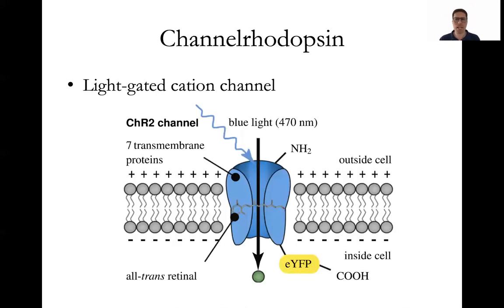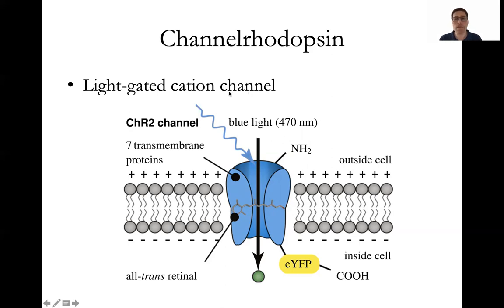Okay, so I keep mentioning these proteins are inserted into membranes and they allow ions to flow. So let's get a picture of what actually happens here. I'm showing the classic workhorse of optogenetics that started the optogenetic revolution in 2005 when it was first shown to work in mammalian tissues. And this is channelrhodopsin 2. It is a 7 transmembrane protein, like all opsins. It's a microbial opsin. It's actually a light-gated cation channel.